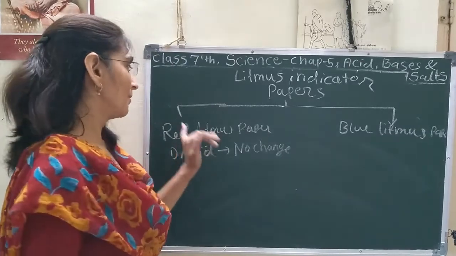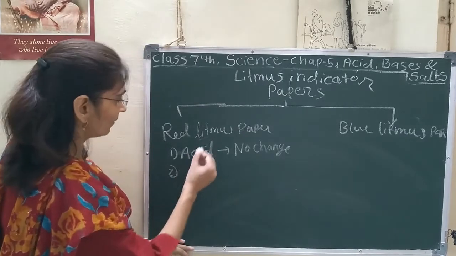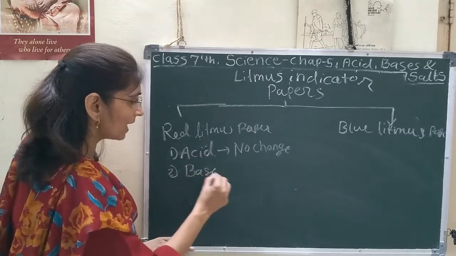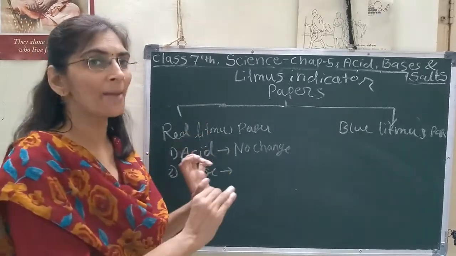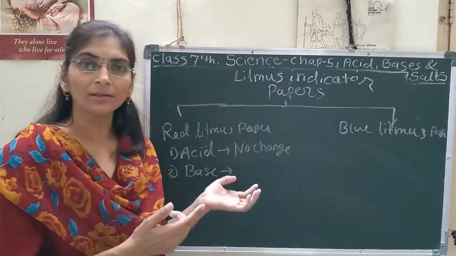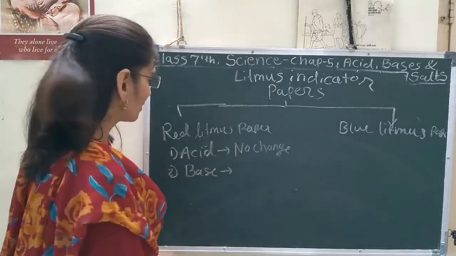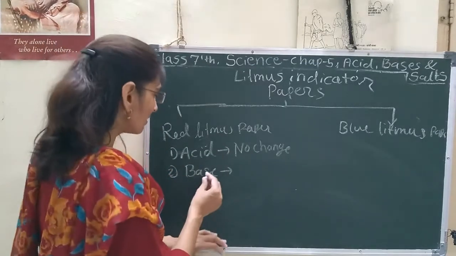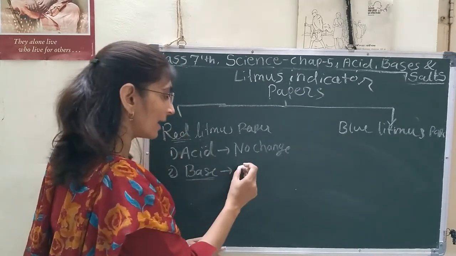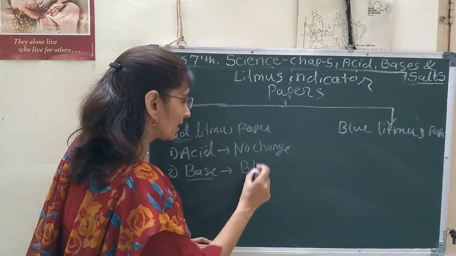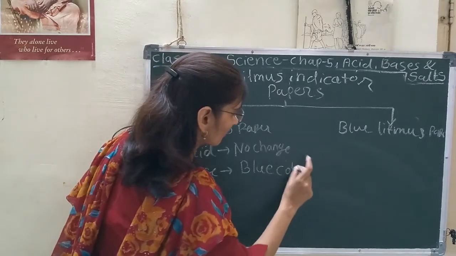But when the red litmus paper reacts with base, what will happen? With base, it will change its color, which means a reaction happens. When the color changes, it means a reaction is taking place. With base, the red color will change to blue color.